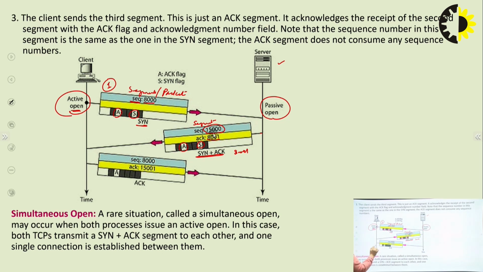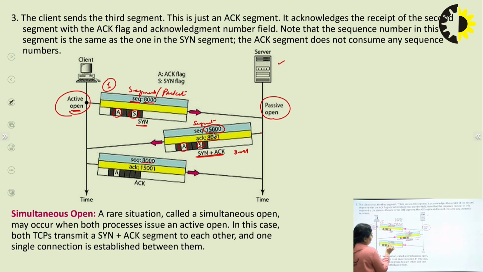Now, again, the client sends back an acknowledgement to the server. It is using the sequence number 8000. See, the server has sent back the acknowledgement, so it is having the sequence number increased by 1. But here, no data is transferred, only the acknowledgement is sent.